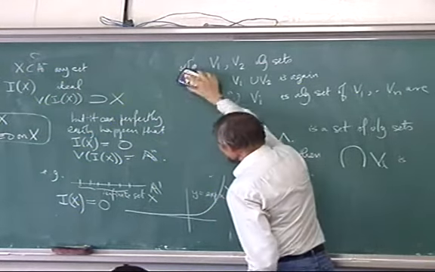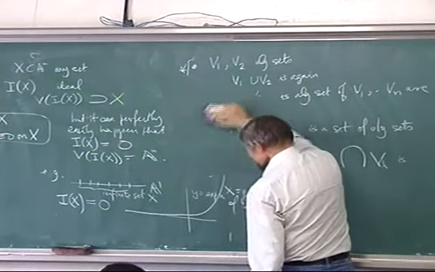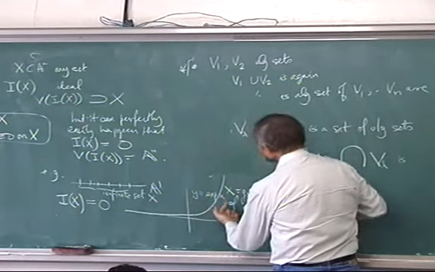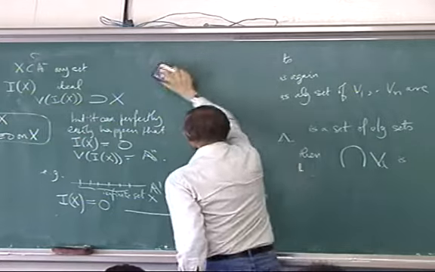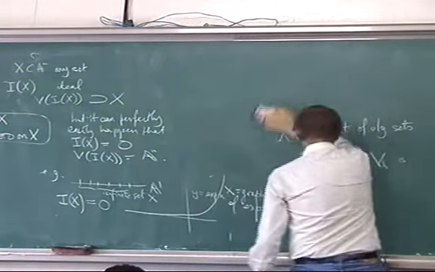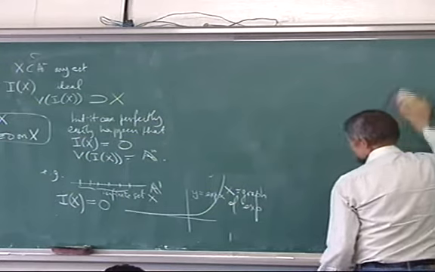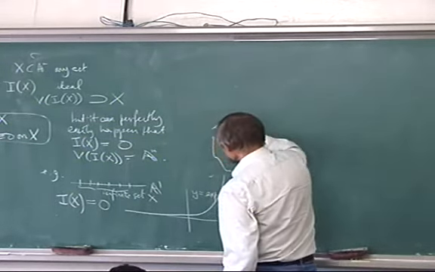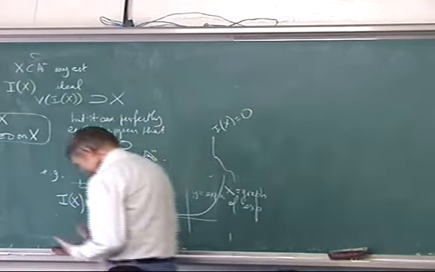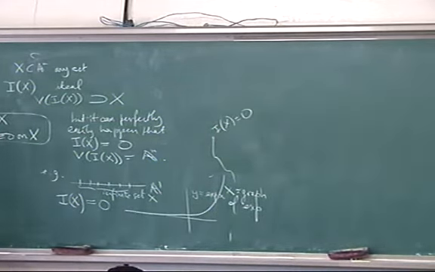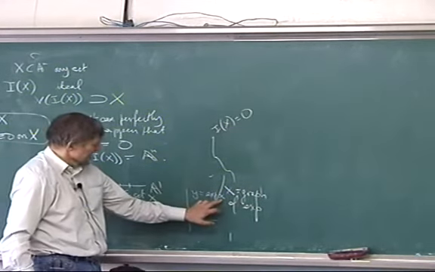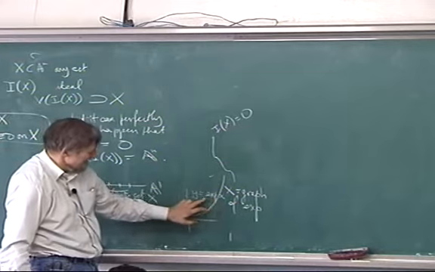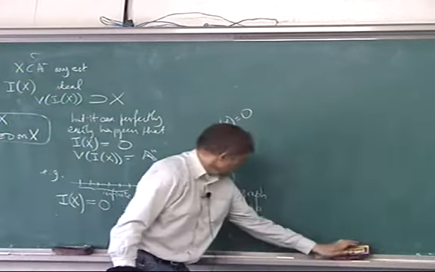I of X is the set of polynomial relations holding between Y and X. And exponential is a transcendental function, so there just aren't any algebraic relations. So again, I of X is 0.